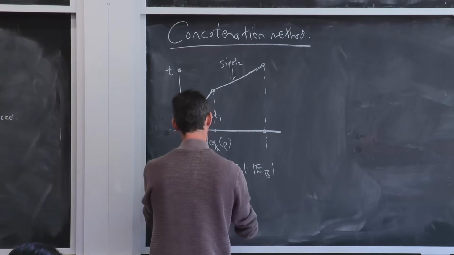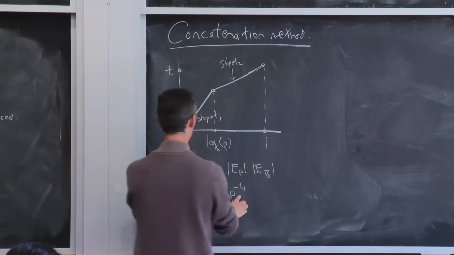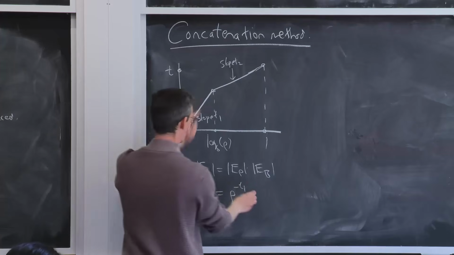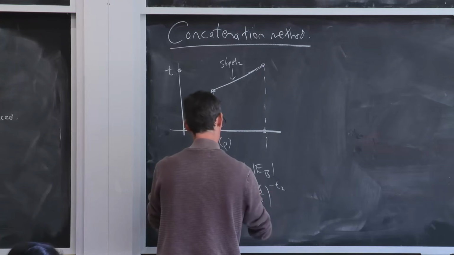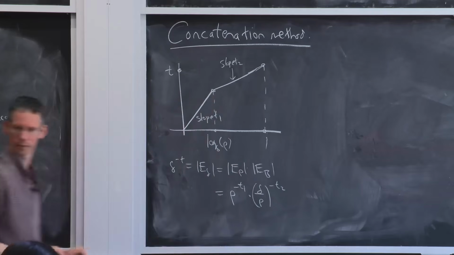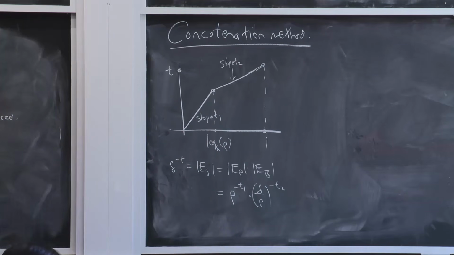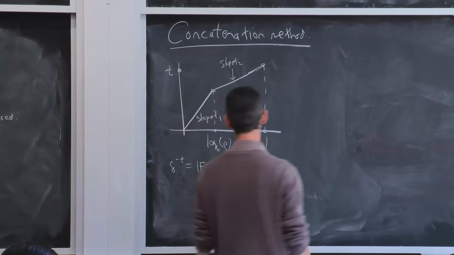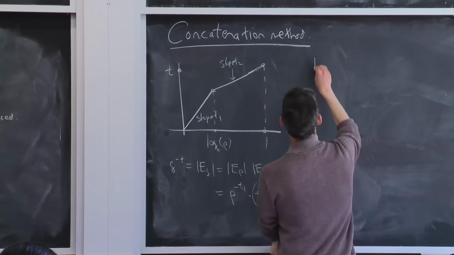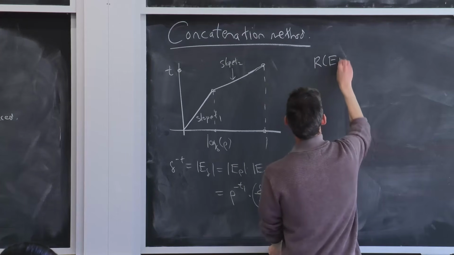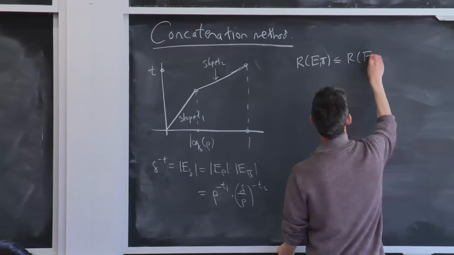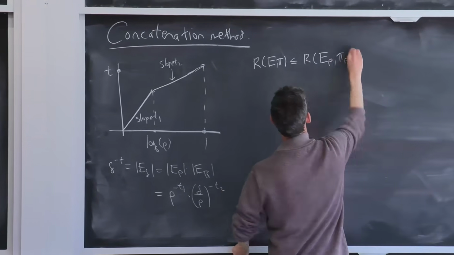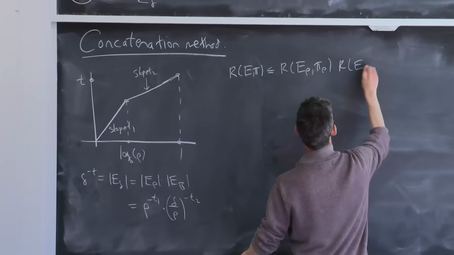So that is rho to the minus t1, so this is slope t1, times delta over rho to the minus t2. OK, so now let's see what happens. So r of et is bounded by r of e rho t rho r of ebt.